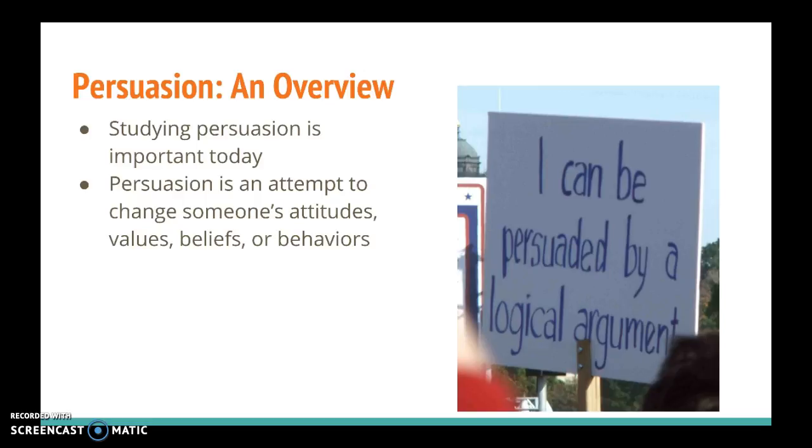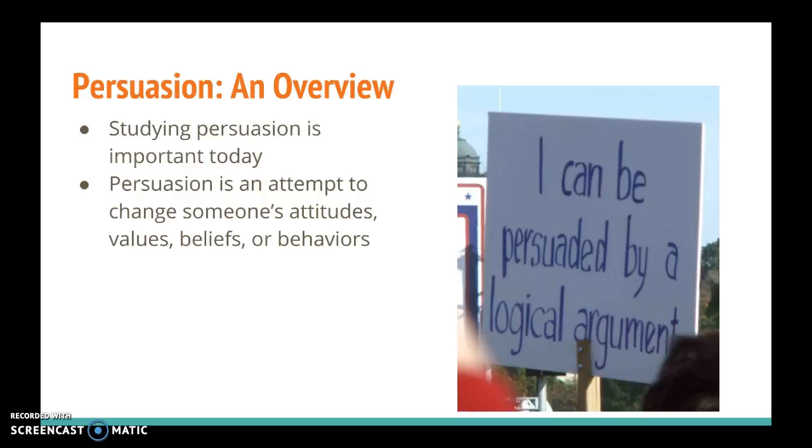When we are trying to persuade someone, we are trying to get them to change their attitude, or in other words, change their general predisposition towards something being either good or bad or right or wrong, negative, positive, those sorts of things. If we're trying to get someone to change a value that they have, we're trying to get them to change their perception of the usefulness or the worth of something.